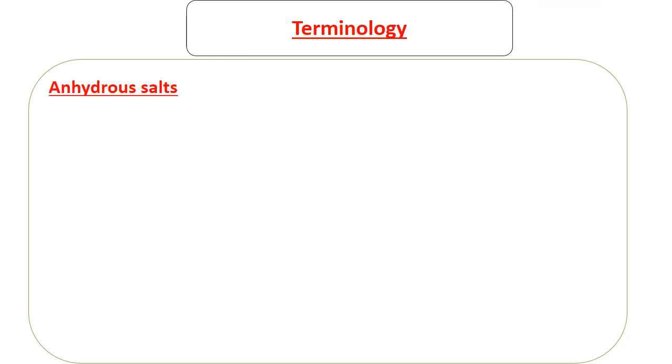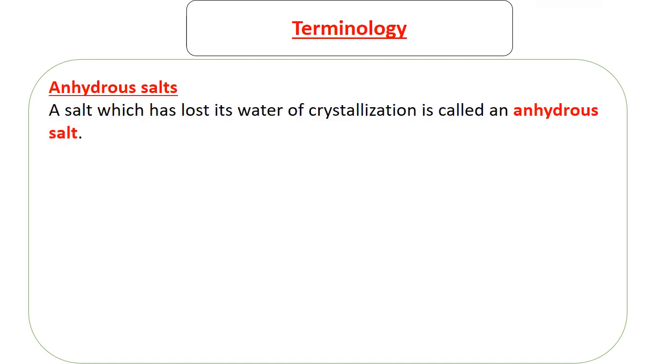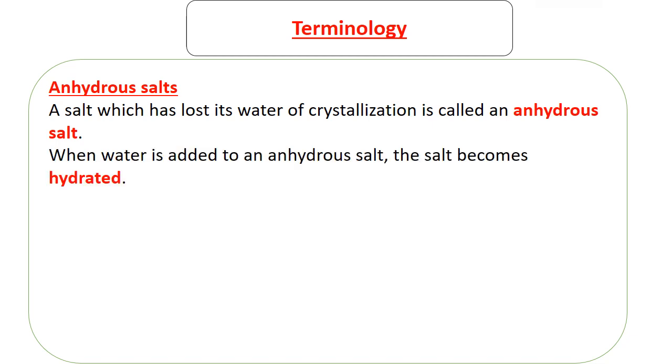The second type of salt is anhydrous salts. Anhydrous salt is a salt that is dehydrated, or that doesn't have its water of crystallization. In short, anhydrous salt is a salt which has lost its water of crystallization. When a hydrated salt loses its water of crystallization, it becomes anhydrous salt.